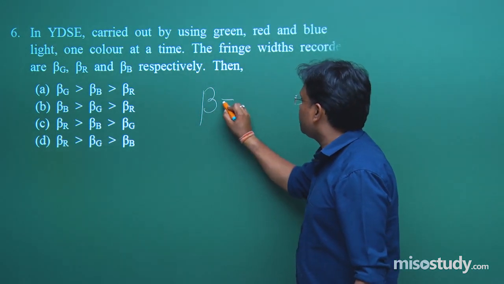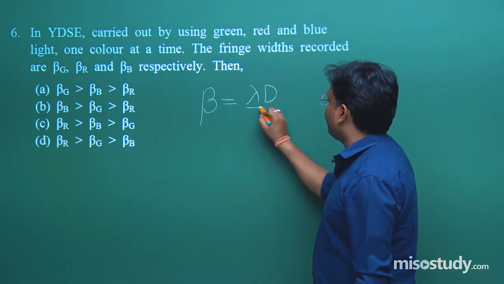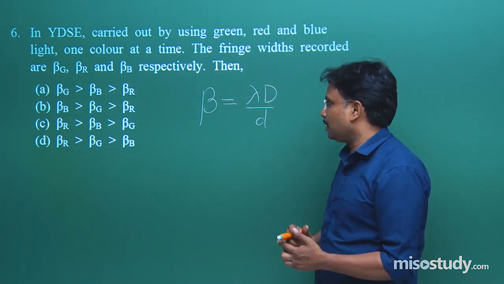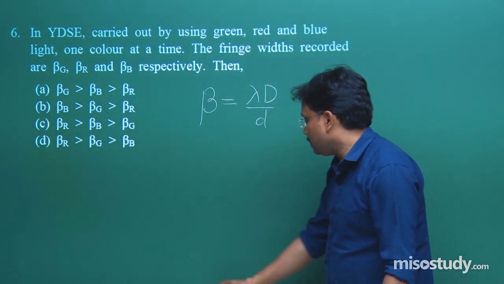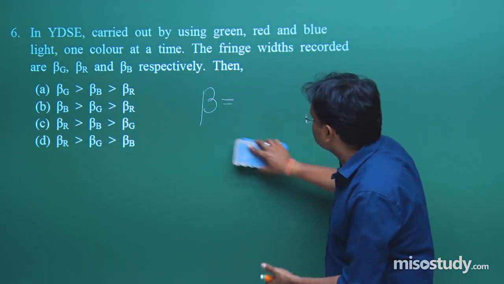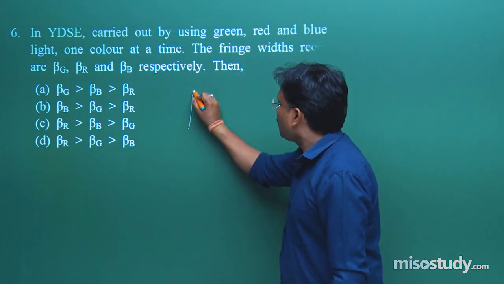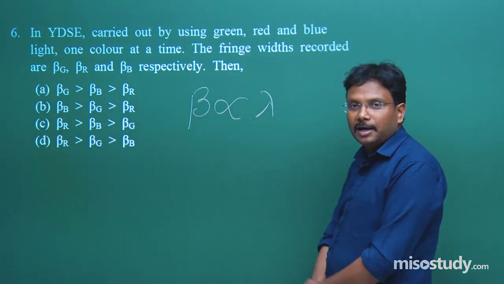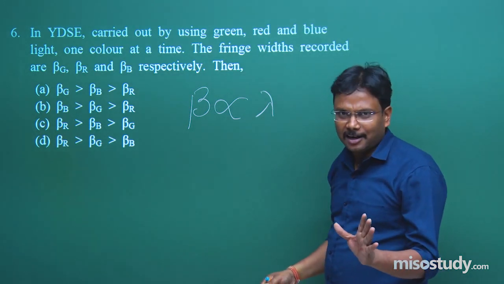Fringe width beta is equal to lambda D by d, where symbols have the usual meaning. Now from this I can say very surely that beta is directly proportional to lambda. More the lambda, more the beta, direct relation.